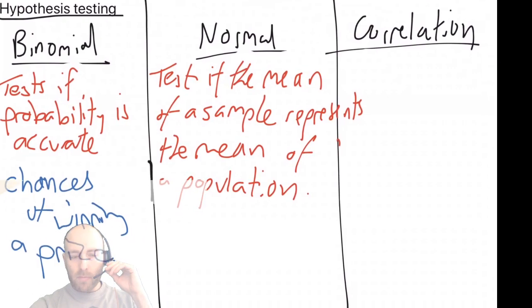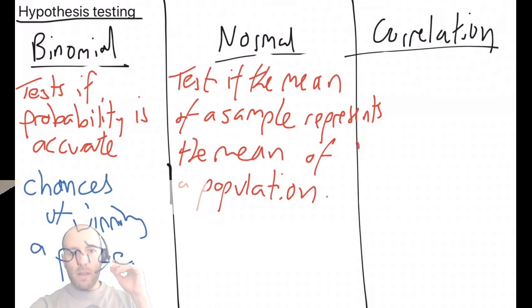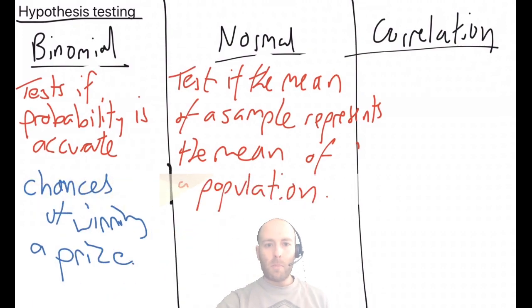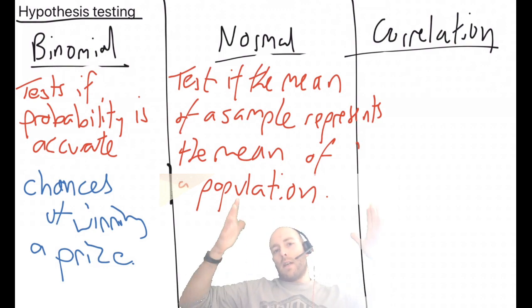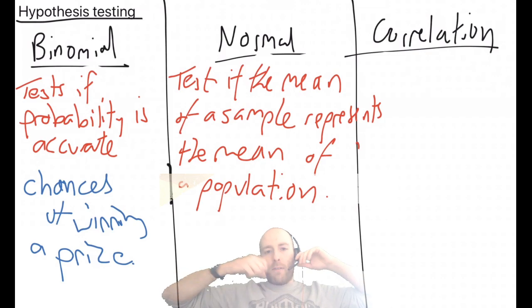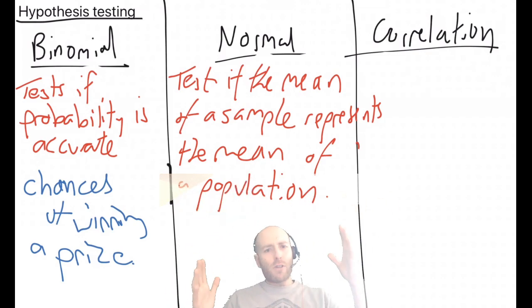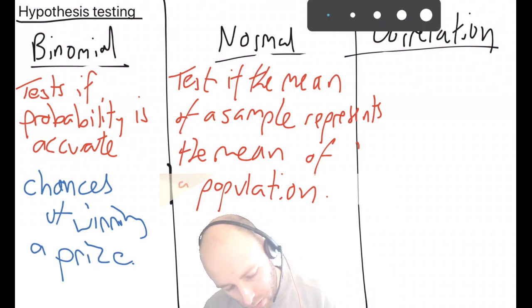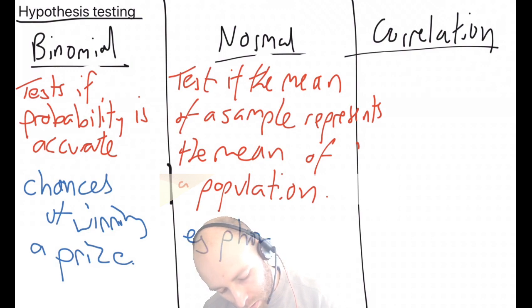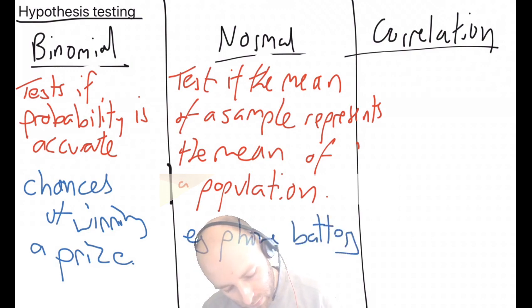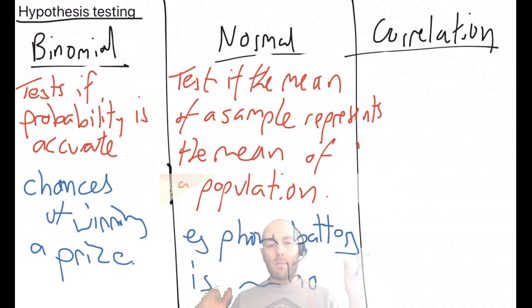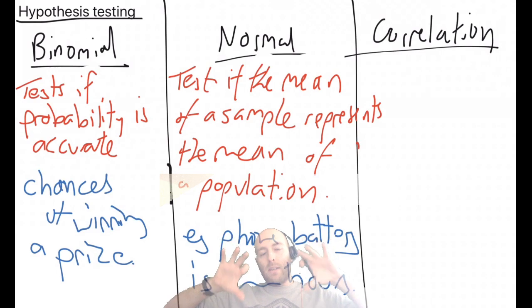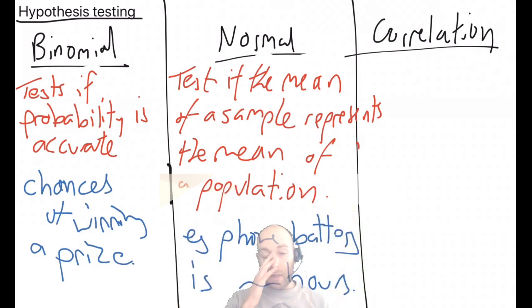So for example, if we had, I don't know, like a phone company say our battery will last 10 hours on average. If we bought 20 phones, on average it lasted less, we could test to see whether the mean of our sample could be coming from the whole population. So the nice example for that one's e.g. phone battery is something hours. Same idea. Someone says a statement and we're trying to test whether the mean could be coming from the actual population based on our sample.